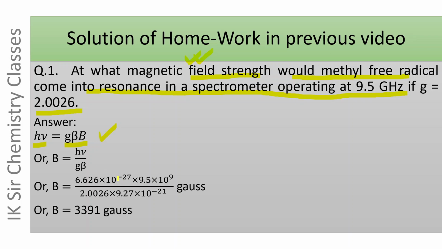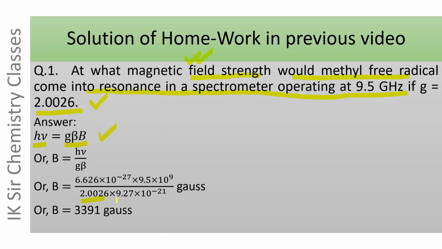erg second, and the frequency of EMR at which the spectrometer operates is 9.5 gigahertz, and giga means 10 to the power 9. It is 9.5 into 10 to the power 9 hertz, that is per second. The value of G is given here, 2.0026, and the value of beta we have already calculated in the previous video.